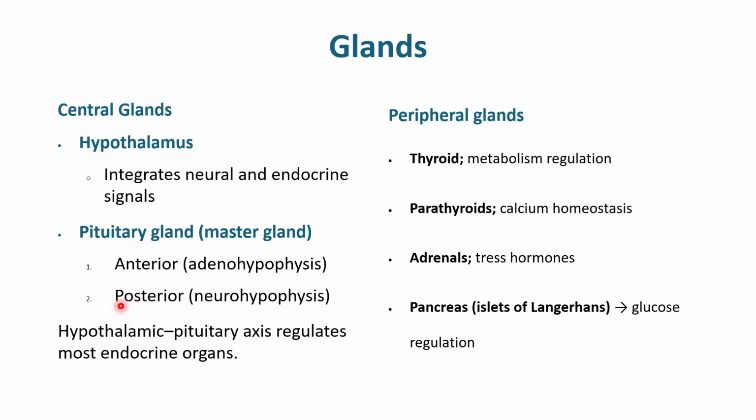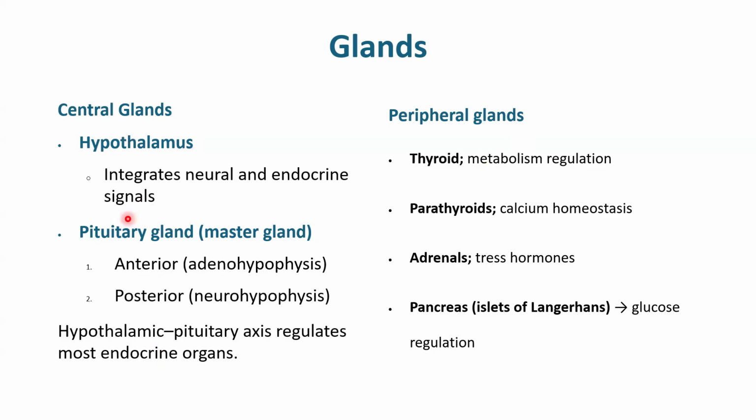The pituitary gland is connected to the hypothalamus using the hypothalamic-pituitary axis that regulates most of the endocrine glands. So most of the peripheral glands are regulated by these central glands.